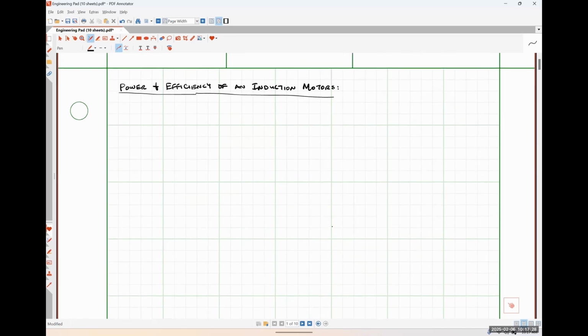I'm starting out essentially on this side of the page. This is my input power, and this is going to be an electrical power at the input. I'm going to make a little note of that. And I'm going to make some notes on the things that are causing losses in our system.